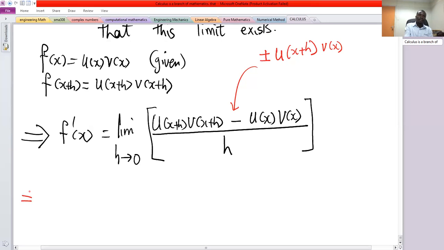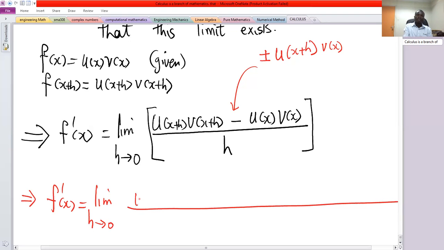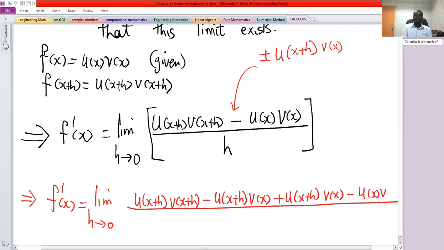And next step, I write f prime of x equals the limit as h approaches 0. Now I have u of x plus h, v of x plus h. I subtract u of x plus h times v of x, and then I add u of x plus h times v of x minus u of x v of x, then divided by h.